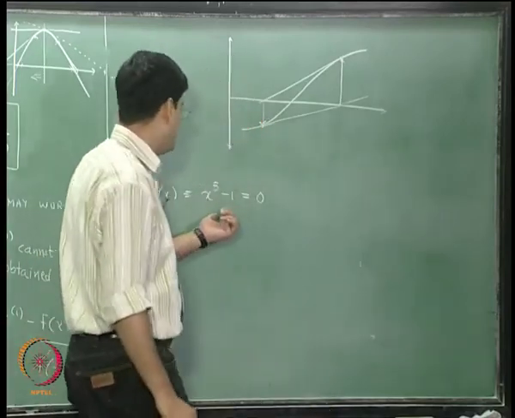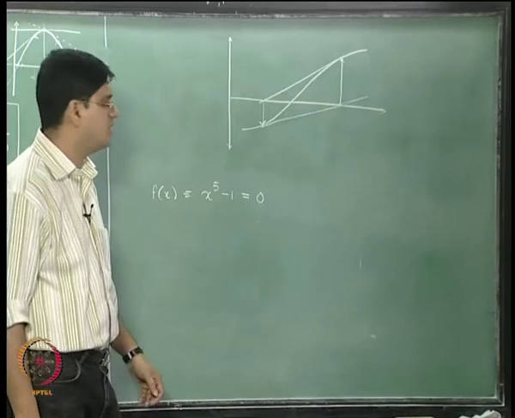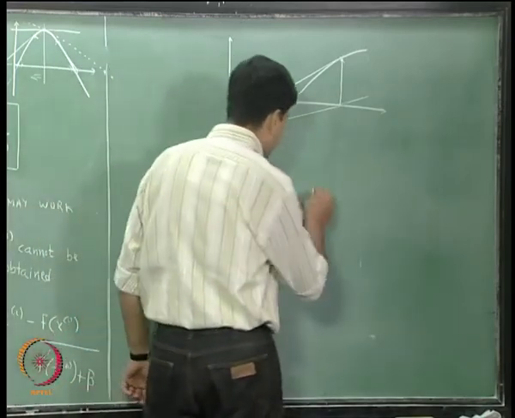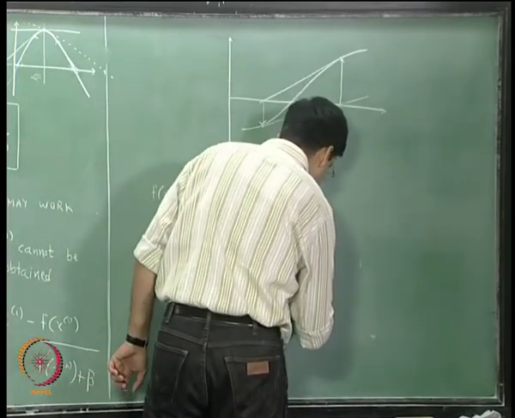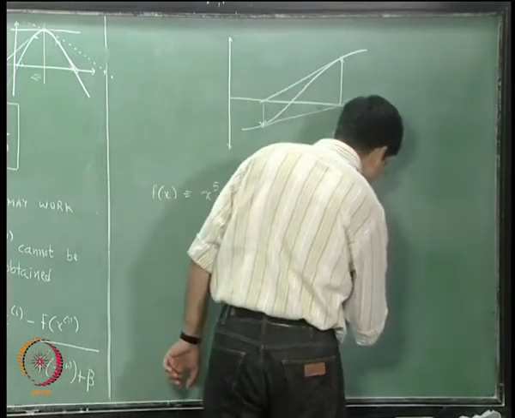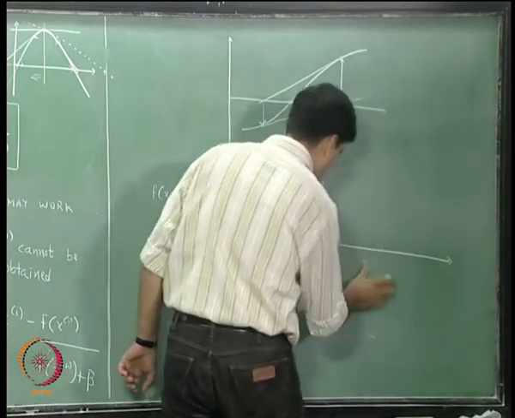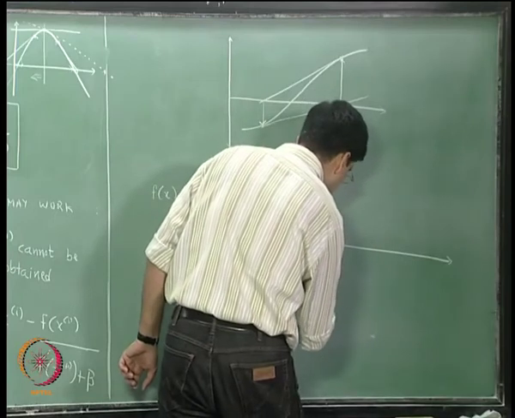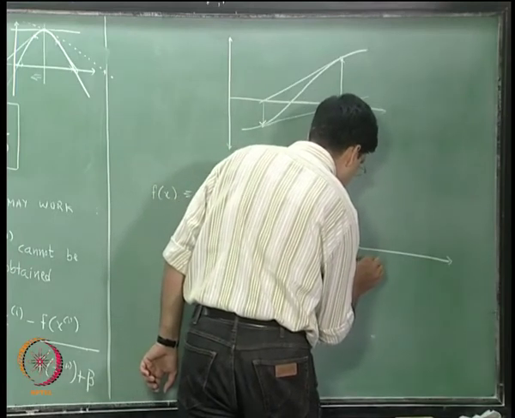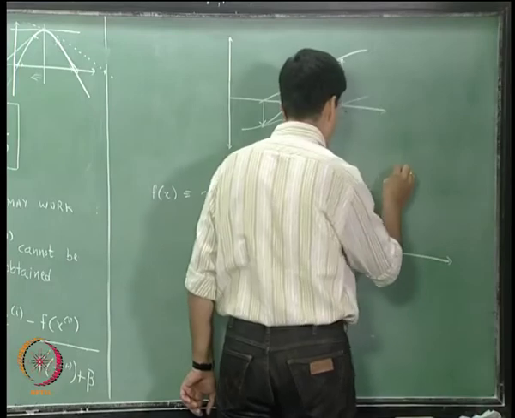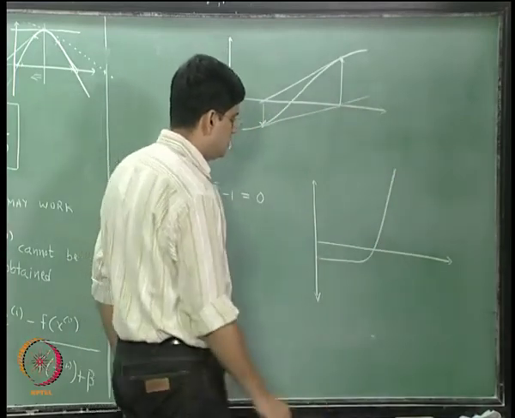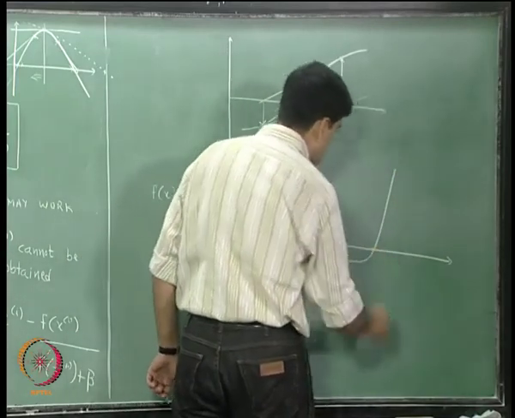Now we know that one of the solutions for x to the power 5 minus 1 equal to 0 lies at x equal to 1, and the curve that we draw is going to look somewhat like this.